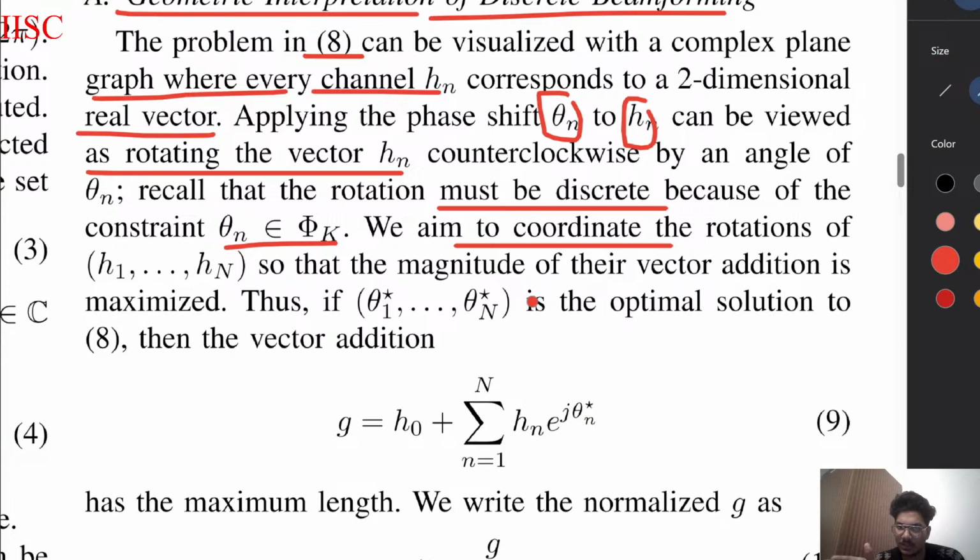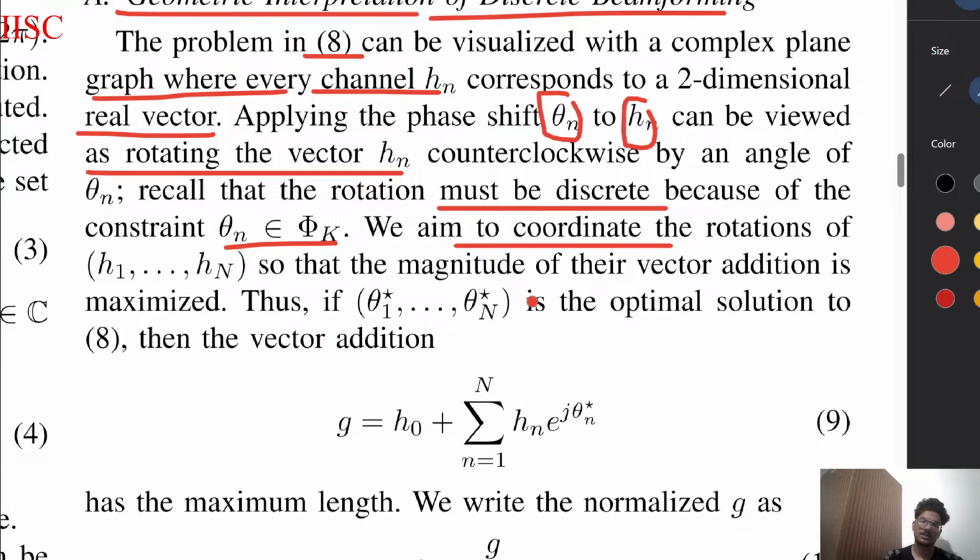Recall that the rotation is discrete because of the constraint that theta n is a part of psi k. So our aim is to coordinate the rotation of h1, h2, h3, up to h n, so that the magnitude of their vector sum is maximized.